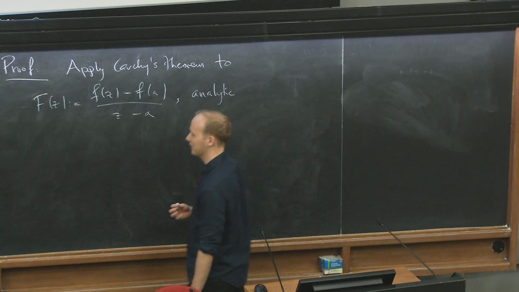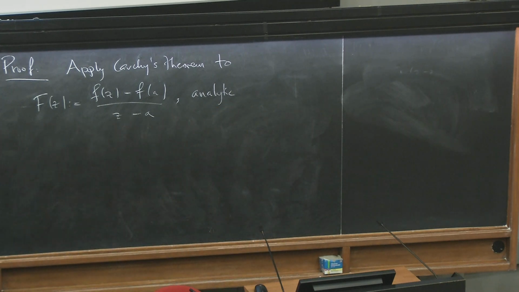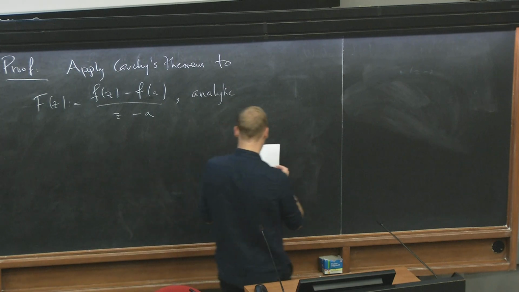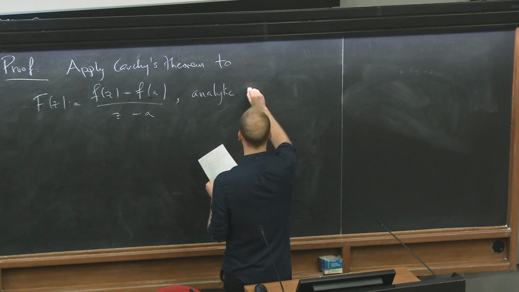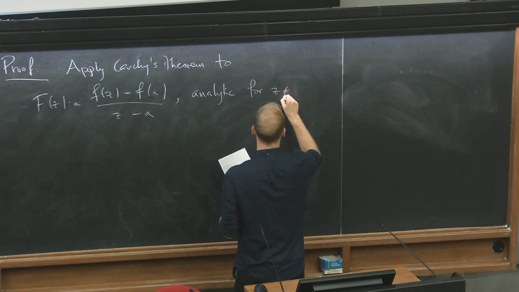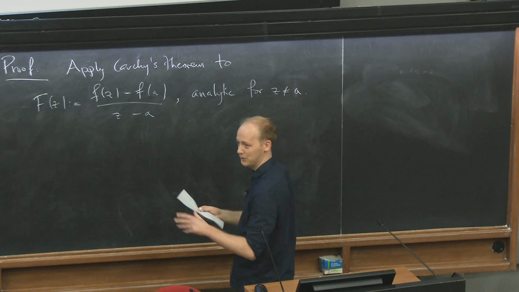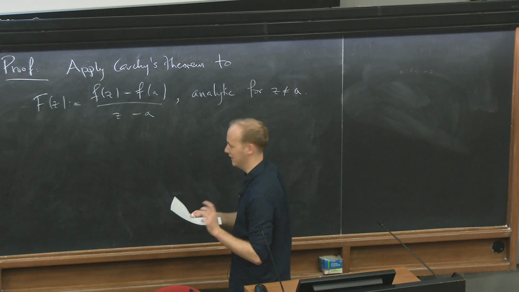Yes? Okay, yeah, you're right. Exactly. So the answer is yes, because it's a removable singularity at z equals a. But so far, let's say that it's analytic for z not a.